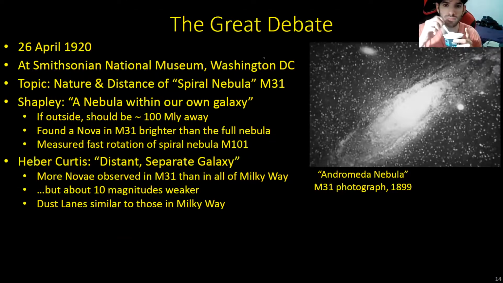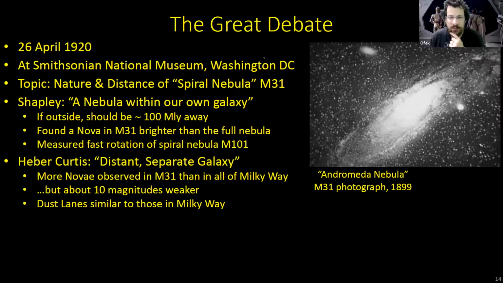Okay, so Harlow Shapley, as we said, in 1917 established the shape of the galaxy as composed of both matter, stars and gas and dust, and understanding the obstructions that the gas and dust impose on what we see.